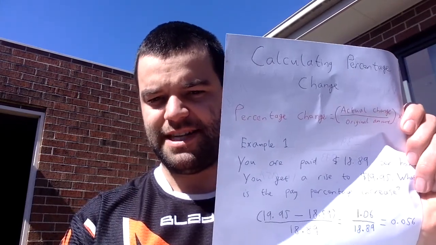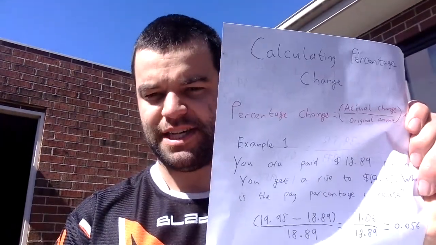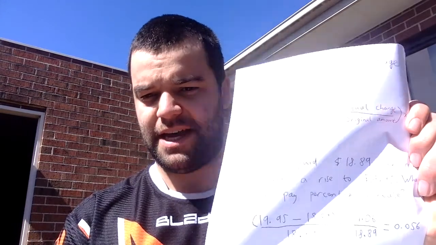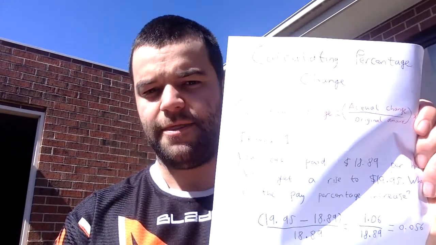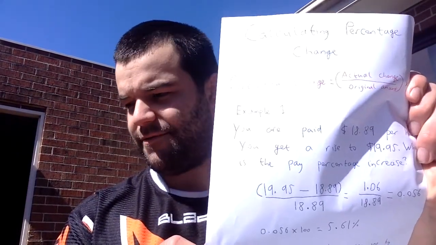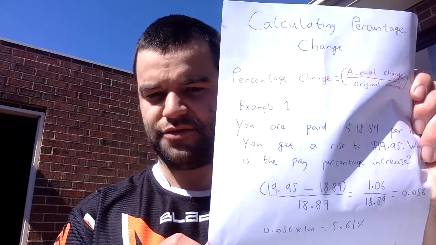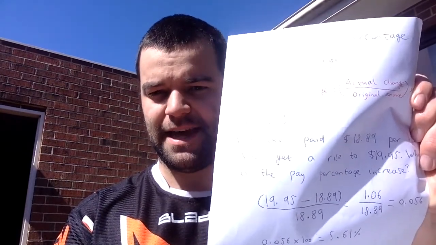So 19.95 minus 18.89 makes 1.06. If I divide that by 18.89, it gives me 0.056. Then all I have to do is multiply that by 100, giving me 5.61% overall. Okay, so the pay has gone up by 5.61% in that example.